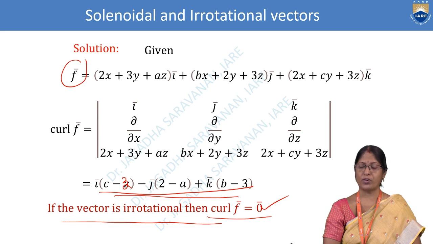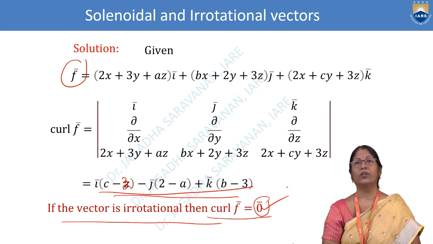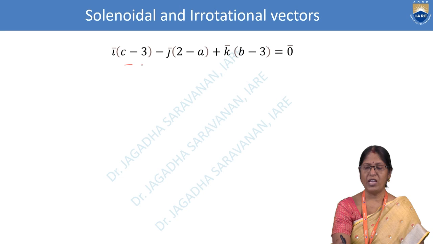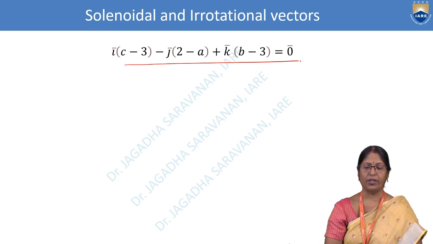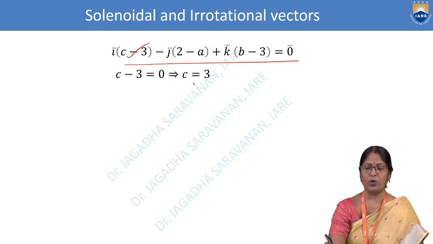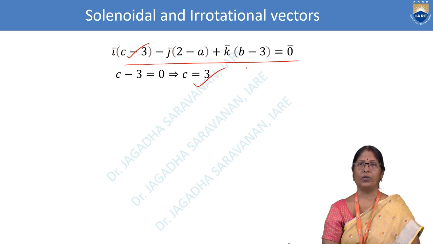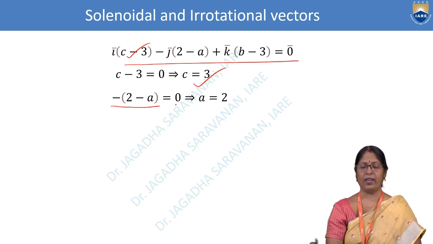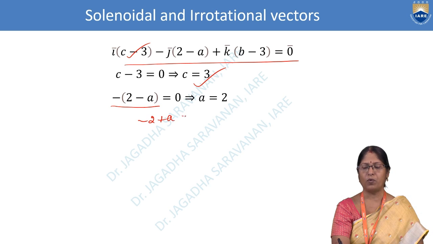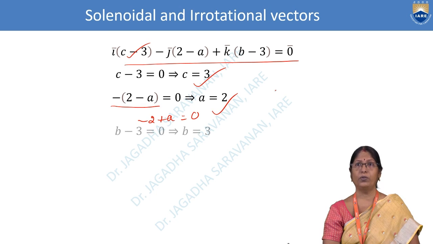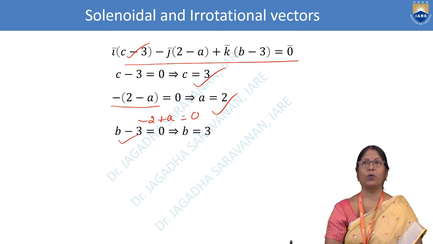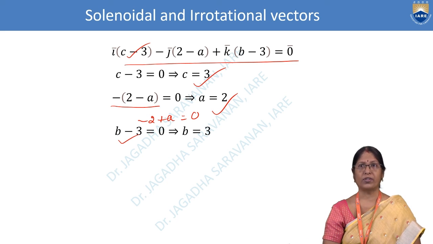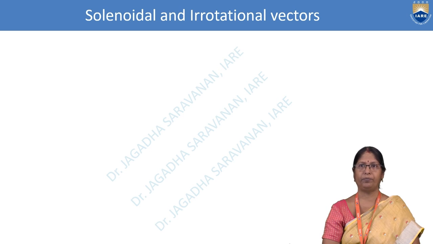Equating, c minus 3 equal to 0, so c equal to 3. Here minus 2 of minus a, so minus 2 plus a equal to 0, a equal to 2. And b minus 3 equal to 0, b equal to 3. These are the constant values we got.